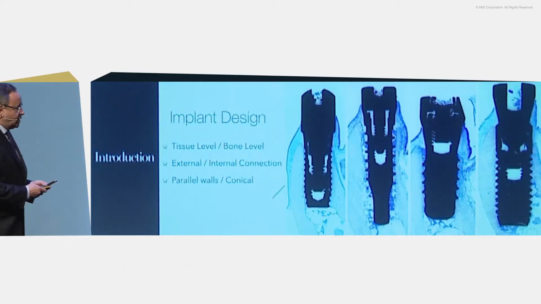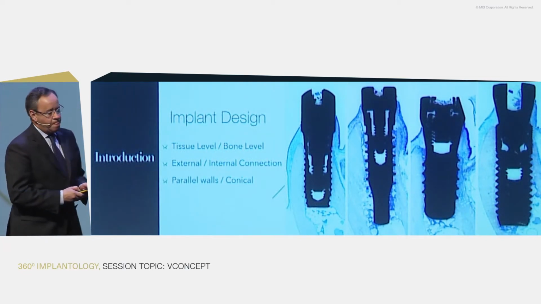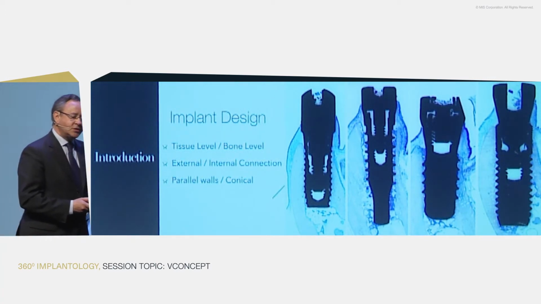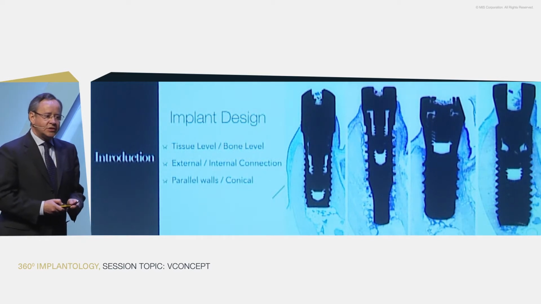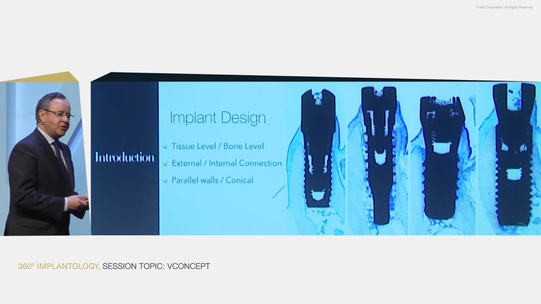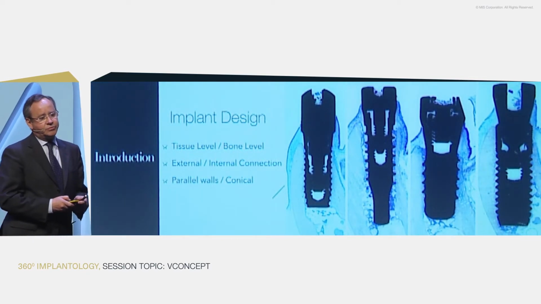It is clear that for many years in implant dentistry, different companies have tried to improve their designs in order to achieve better biology in regards to the hard and the soft tissues.